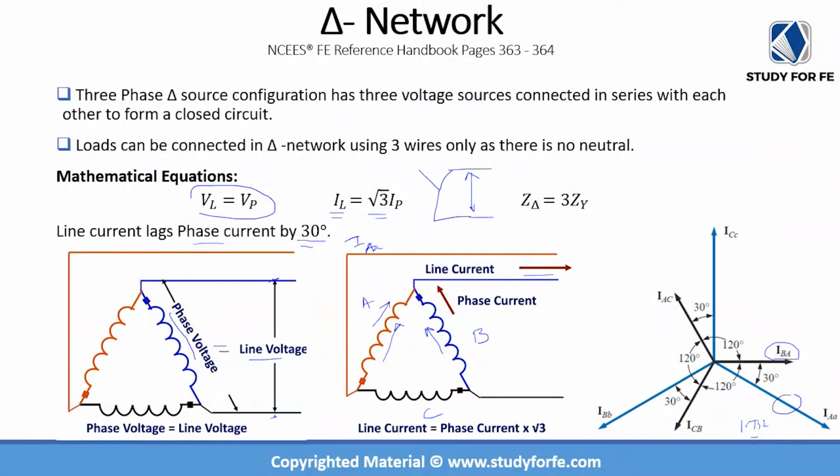So the relationship is square root 3 times the phase current, and the line current lags the phase current by 30 degrees. This is not so obvious, but once you do the derivation, it will be clear. So these are the key equations governing the delta network. And you can see that by simply connecting the phases in a different way, we are able to come up with altogether different relationships between voltages and currents.